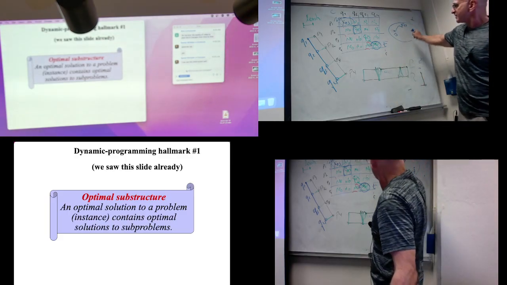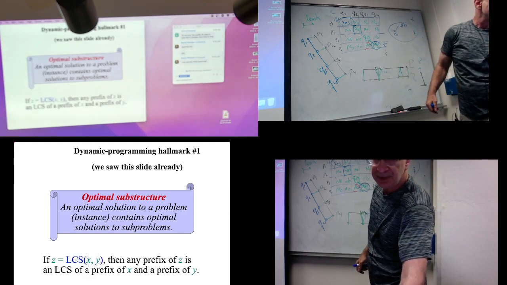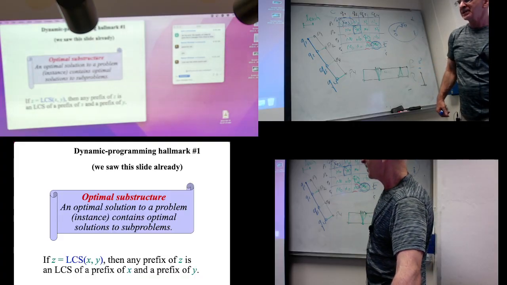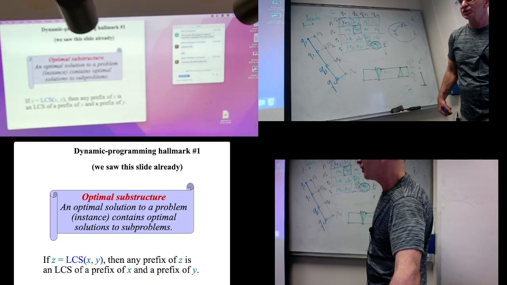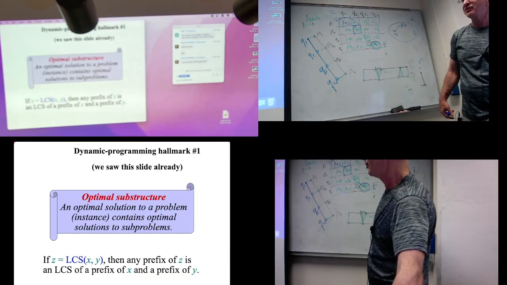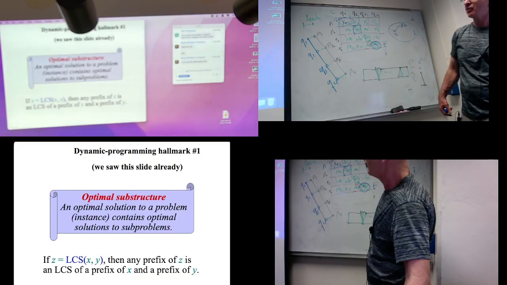If the shortest path from S to T uses V17, it definitely uses this path. So that's the example that we saw in the case of the LCS. Every prefix of the optimal solution is a solution to some LCS problem for some prefix of X and some prefix of Y.